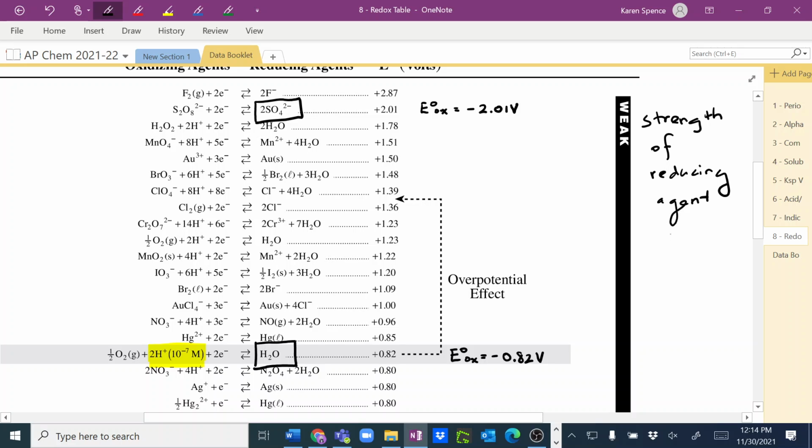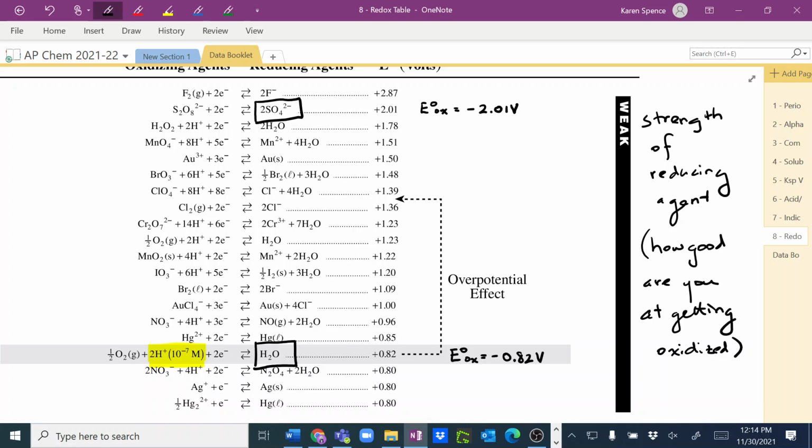So the strength of the reducing agent is how good are you at getting oxidized? So who is better at being oxidized? Sulfate or water? Tell your partner, who's better at getting oxidized, sulfate or water?